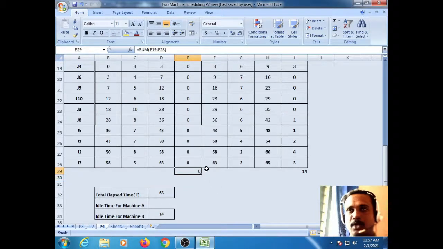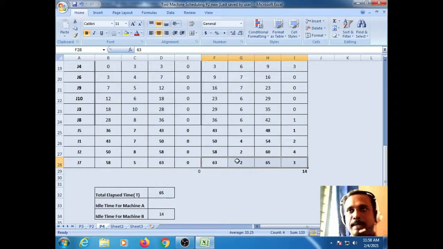Simply see, for processing job 7 on two machines, at 63 hours we have processed job 7 on machine A. After that we forwarded job 7 to machine B, where job 7 is processed for 2 hours.